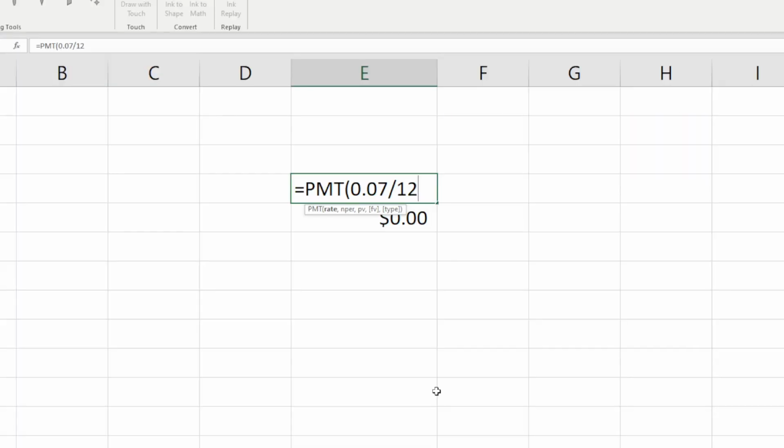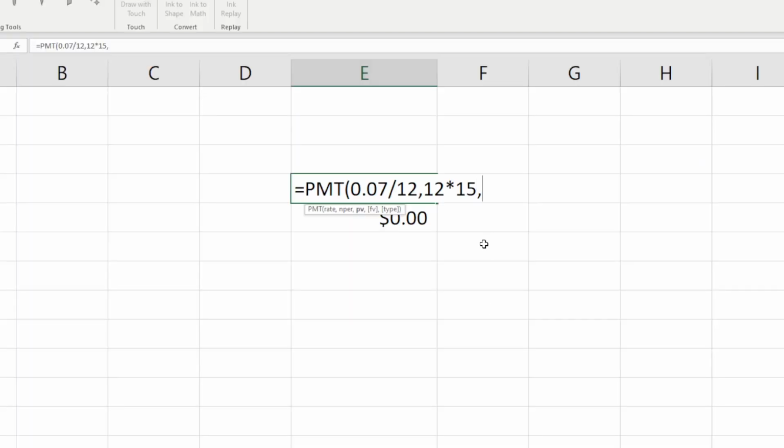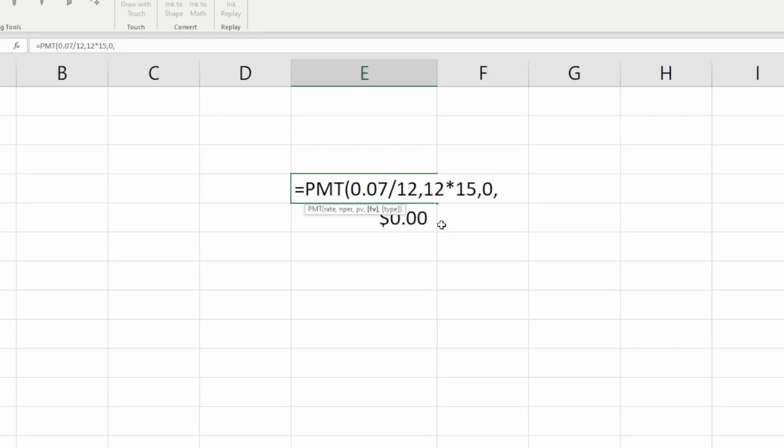And then our number of periods is 12 times 15 years. Let me double check that. Yep. And then our present value is still 0. And our future value is 160,000.